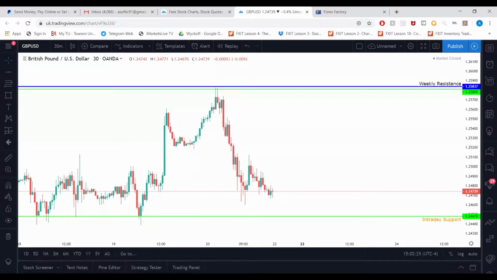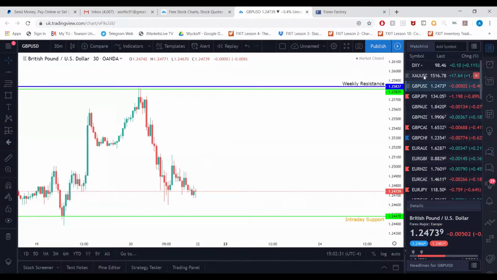Question from Jason: how many pairs do you analyze for your weekly or daily trades? That is a good question. All the ones that you see here as this list pops out are the pairs I mainly trade.